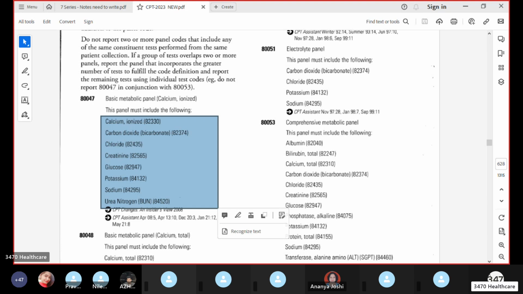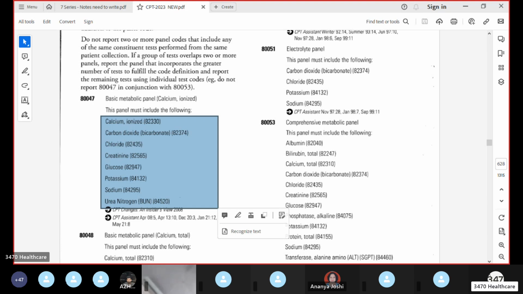If not met, code each test separately. Panel met, panel code; panel not met, code each test separately.